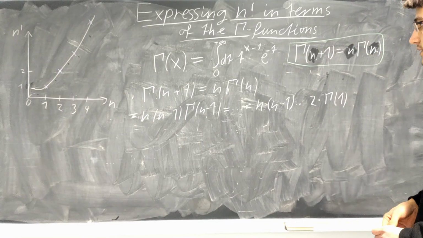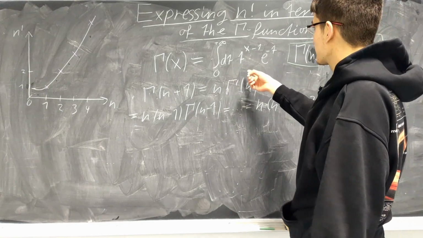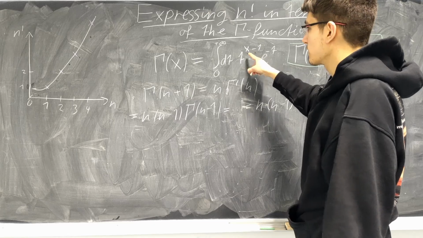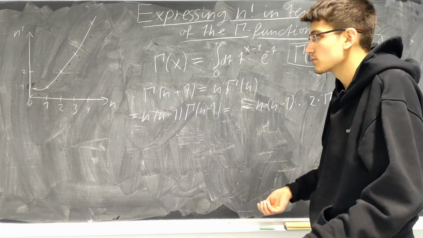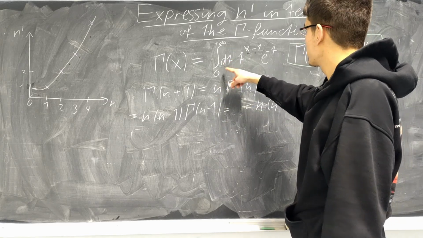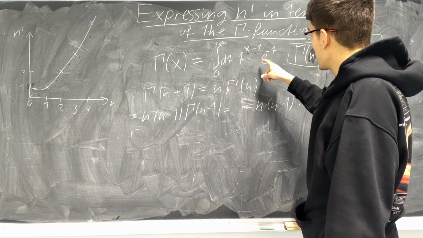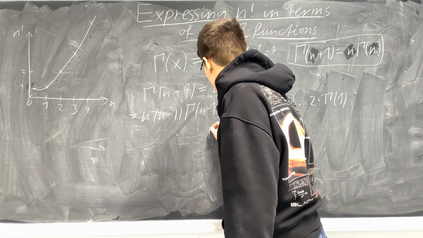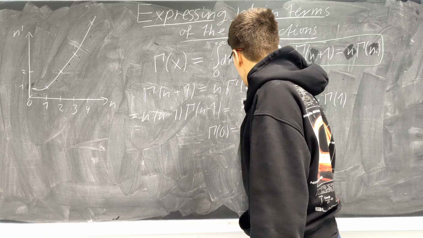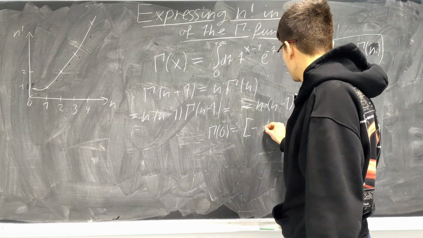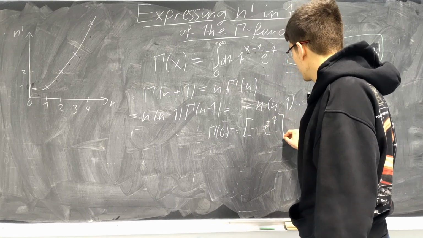Let's look at it. If we put in x equals 1, then x minus 1 is 0, so t to the power of 0 is 1. So we just have to calculate the integral from 0 to plus infinity of e to the power of minus t. And we do this fast. We can directly write the antiderivative; it's very trivial.